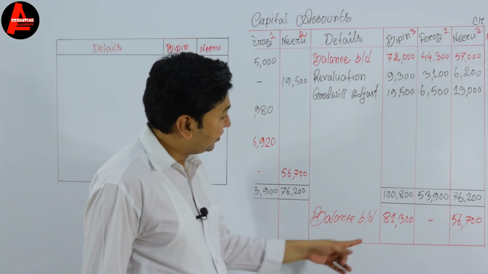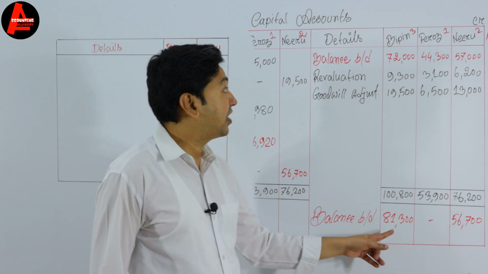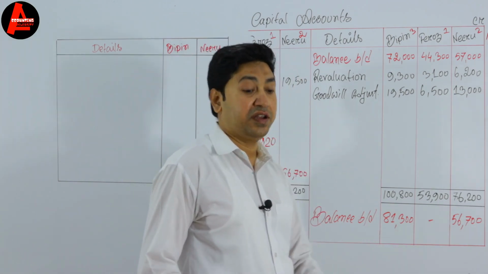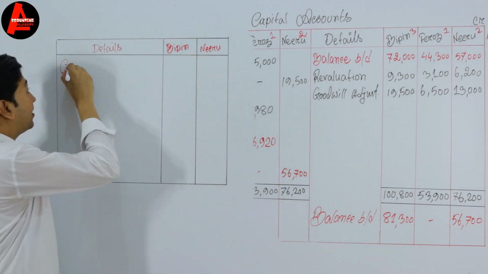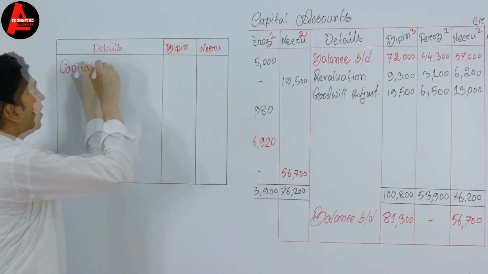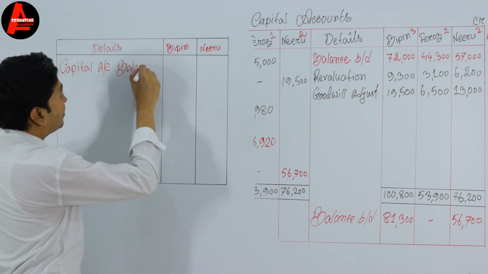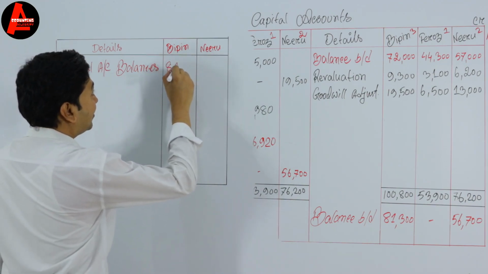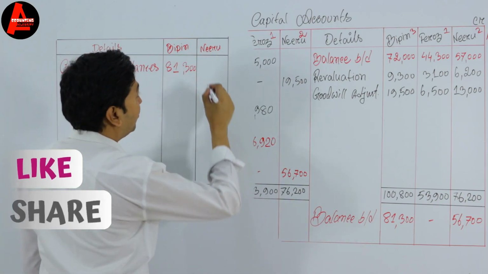Capital account balance for Bipin was $81,300 and for Neeru is $56,700. So let us write here capital account balances: Bipin $81,300 and Neeru $56,700.